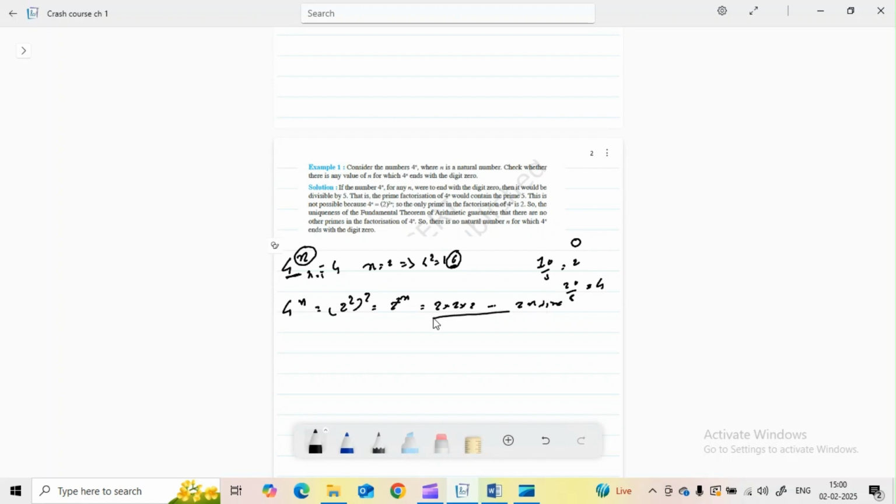In this sequence, we don't have any 5. So if we don't have any 5 in this sequence, then we can't expect 0 as the unit digit in this value. So the answer is no. So based on the above two theorems, we can identify whether, for 4 raised to n, if we place any value of n, we end up with the unit digit 0. So the answer is no.